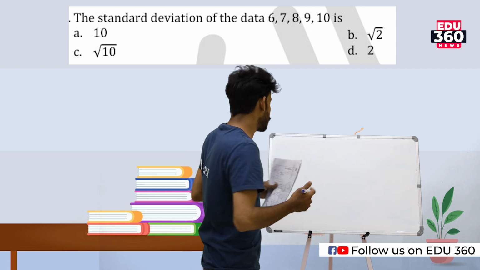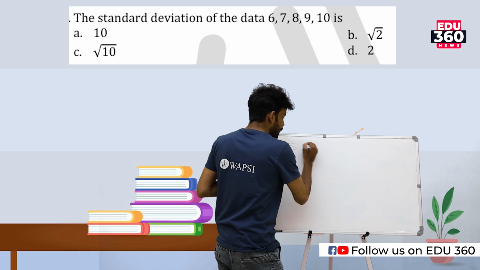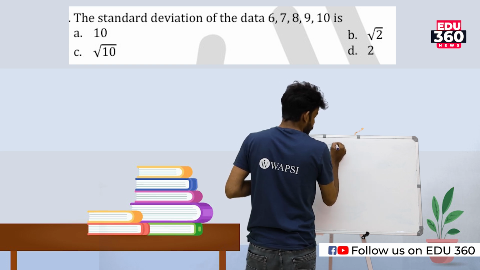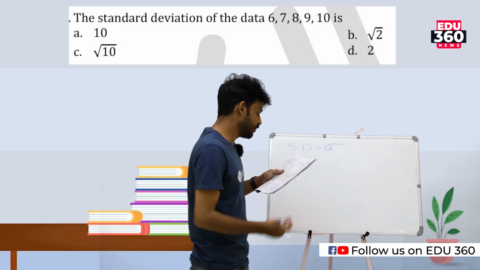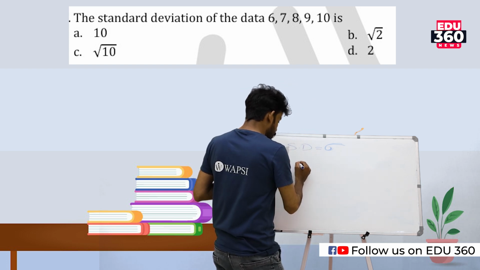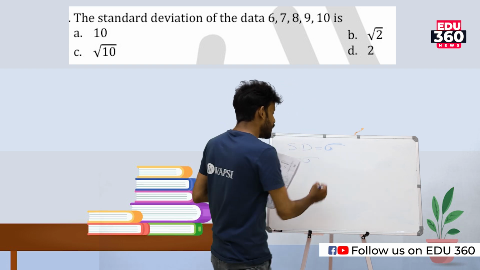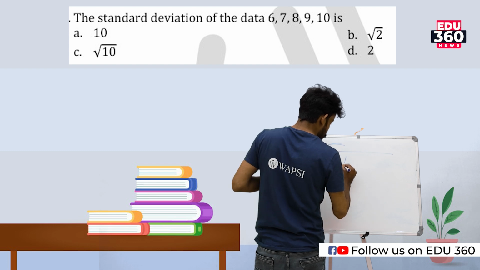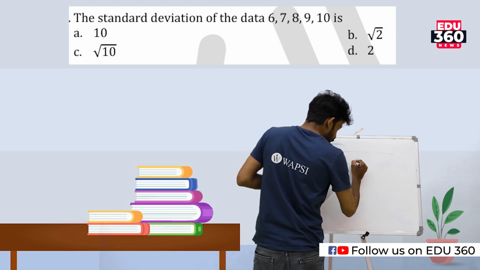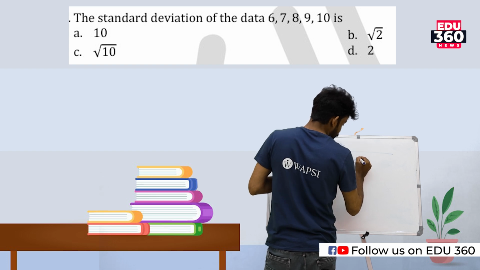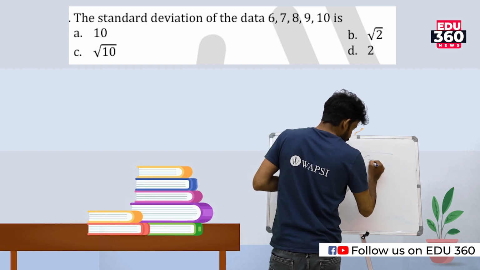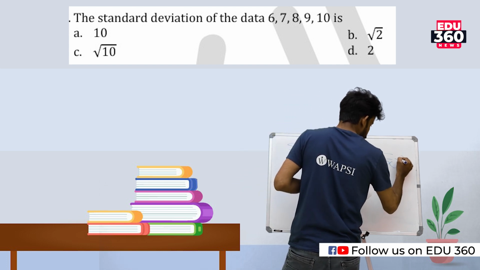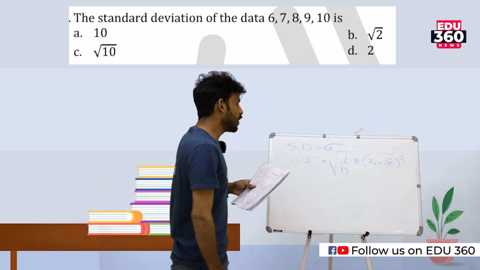So the standard deviation is equal to, this is the formula, root of 1 by n, where n means the number of terms, times the sum of xi minus x bar the whole square. Here x bar is the mean.